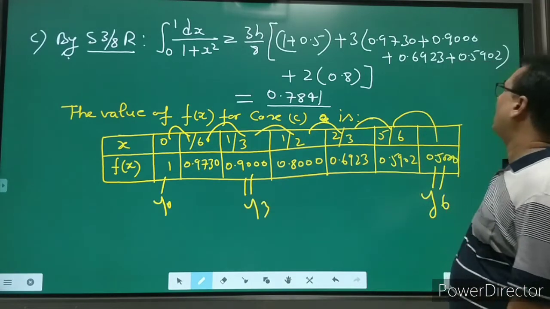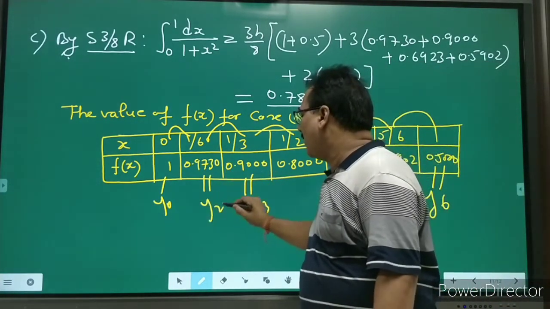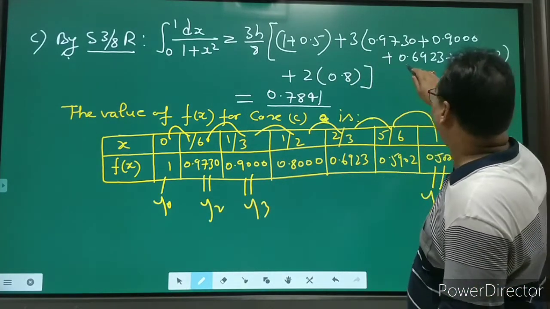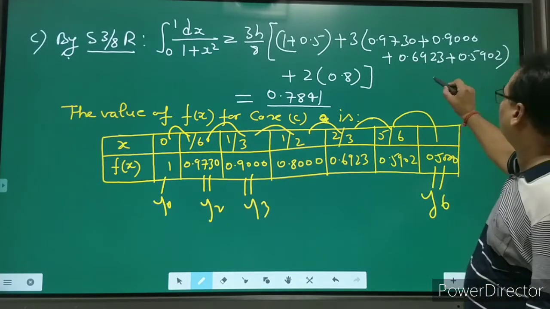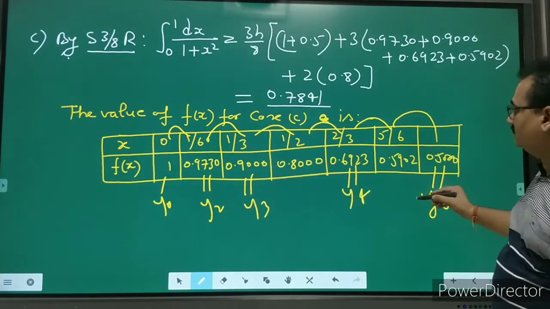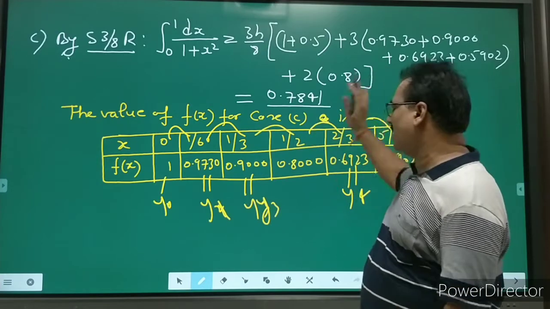Sorry, this is y2. y2 to all other terms. So all other terms means y1, y2, y4, except multiples of 3.